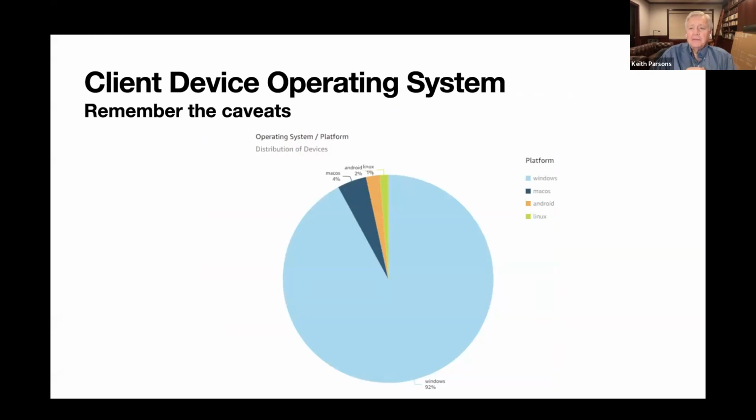Jim, any comment on this overwhelmingly predominant number here? Yeah, this is a reflection of what most enterprise devices that are capable of running third-party software look like.